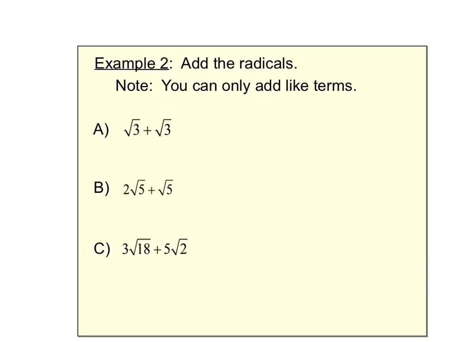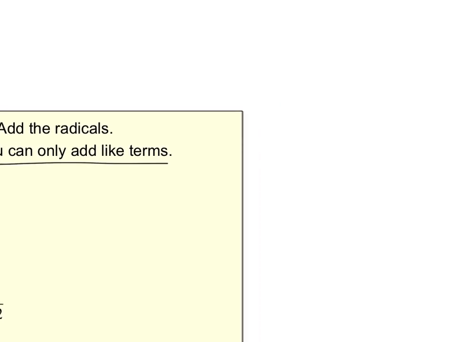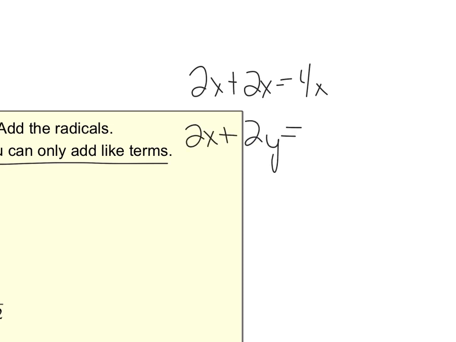Adding the radicals. It's a little bit like, you can only add like terms, so it's a little bit like a variable in that state. And what I mean when I say that is this. You could add 2x and 2x and get 4x, but you can't add like 2x and 2y. Okay, you can't add those together.